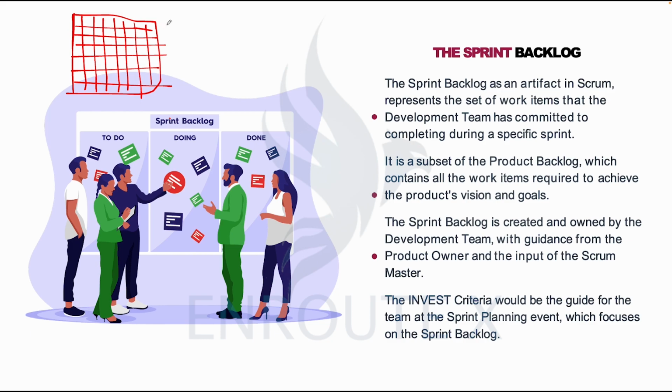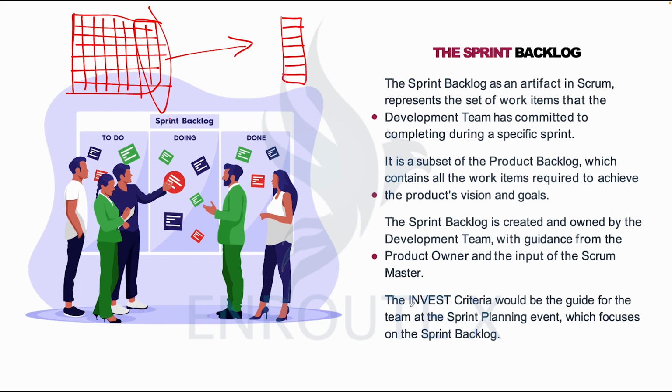the team comes around at the sprint planning meeting to pick a set of work items they can complete in a sprint duration. So from the entire product backlog, they would come together and decide which they would pick, with some considerations.